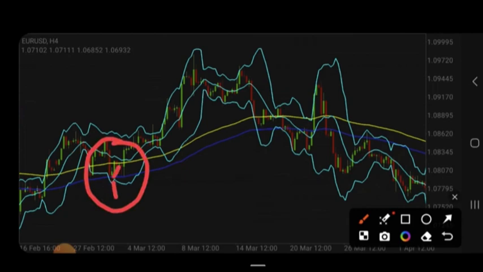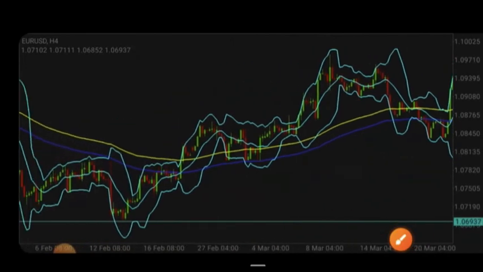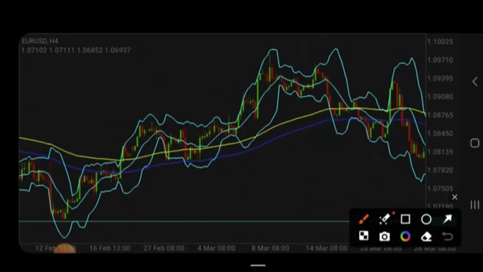Your take profit is going to be when the market goes up and touches the upper line of the Bollinger Bands. It's very simple, and that's your take profit, and your stop loss is going to be down below here, below the lower line of the Bollinger Bands.